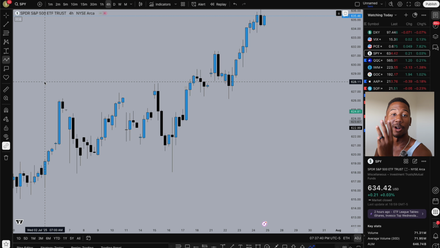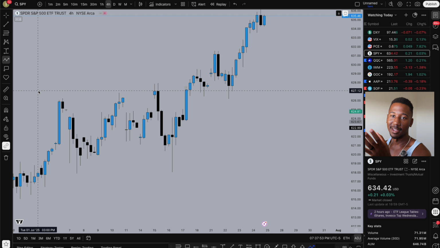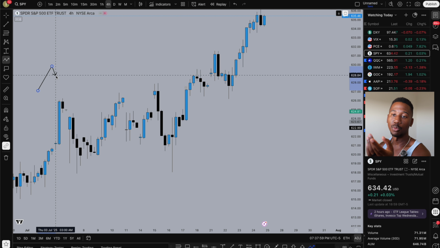So there are 3 types of trends. The first thing you want to do before you make any kind of trade is determine what trend you're in. The first trend consists of your start point, you come and make a high, you pull back, you make a low. And notice your low is higher than your first point.